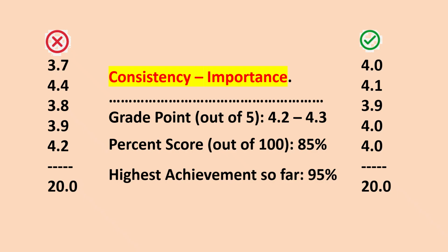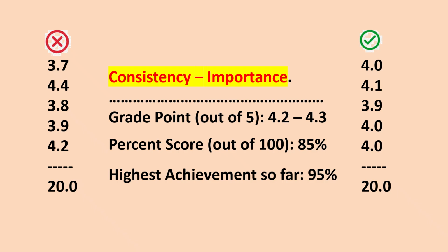But the total is 20 for 5 makeup, so that average is 4.0. But sometimes it is horrible, 3.7, and sometimes it is excellent, 4.4. The consistency is not there on the left side.